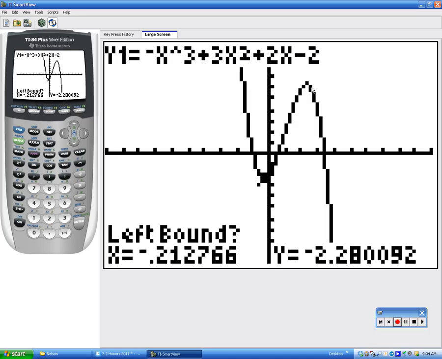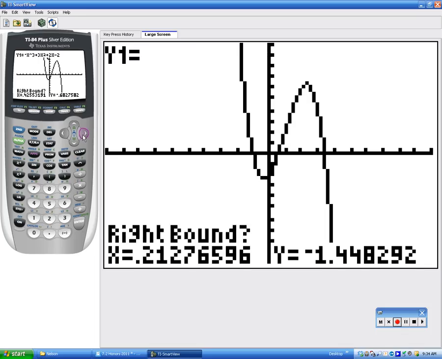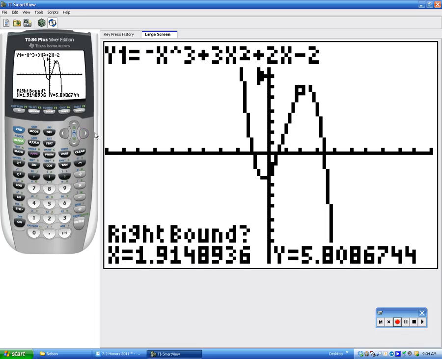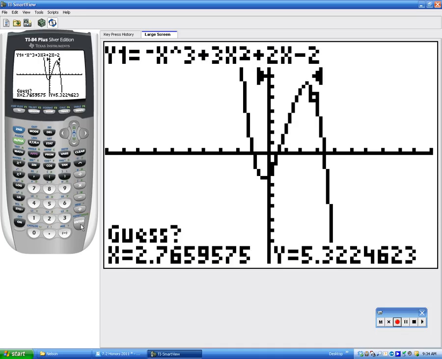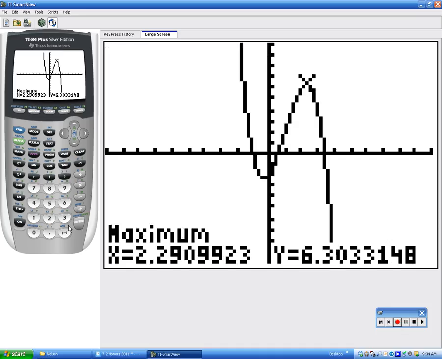And left bound, you want to make sure you're on the left of that maximum. Looks like we are already, so we can hit enter. And then right bound, we'll just arrow over until we get to the right of that maximum. That looks good. Hit enter. And then guess, you can just hit enter. So the maximum is 2.3, 6.3.